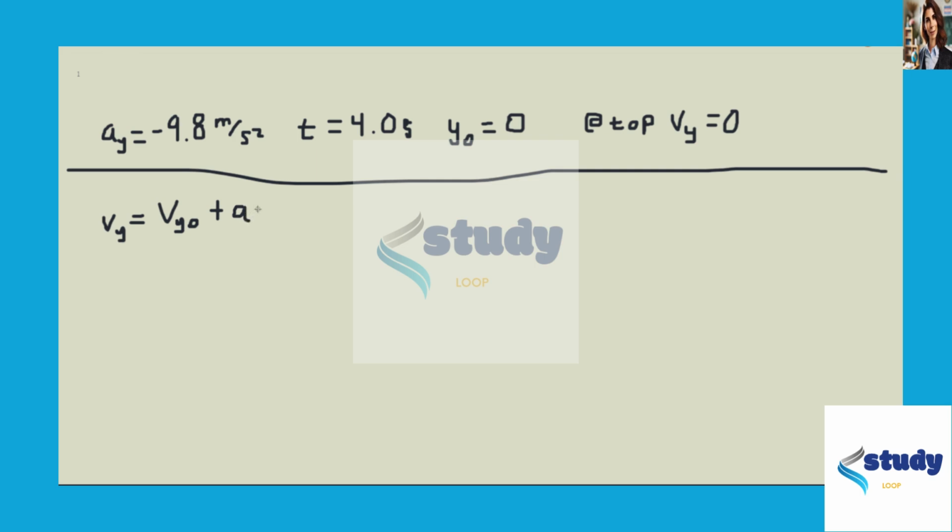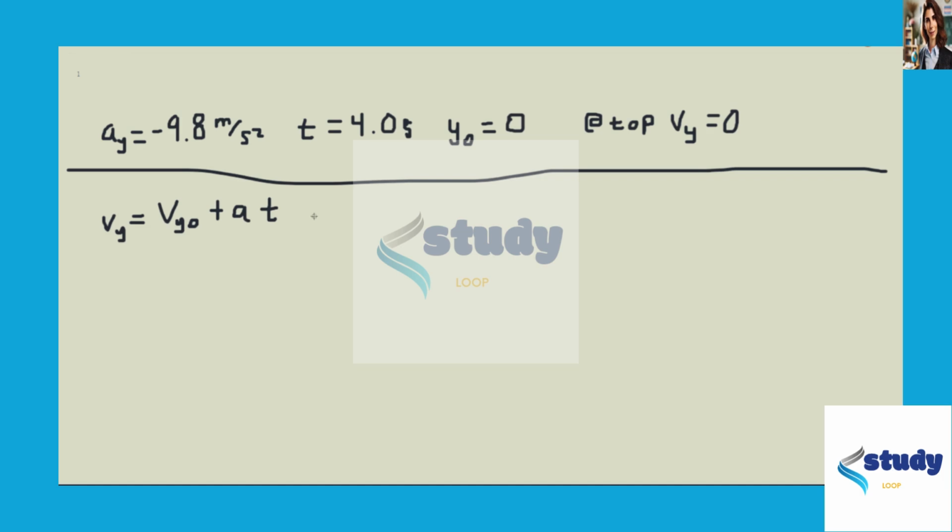So we can go ahead and use equation 2-12a from our book, which says that the velocity v of y at a point is equal to the initial velocity vy of 0 plus the acceleration times the time.